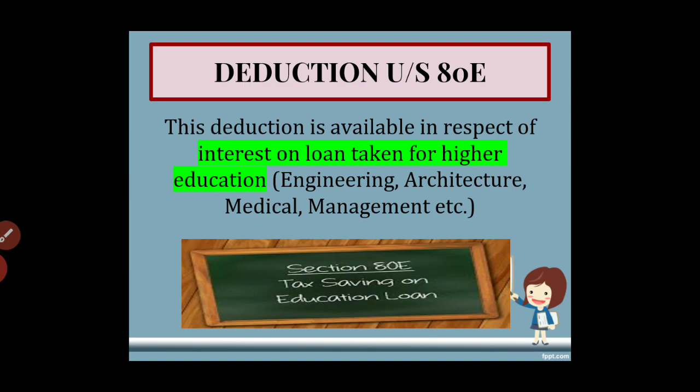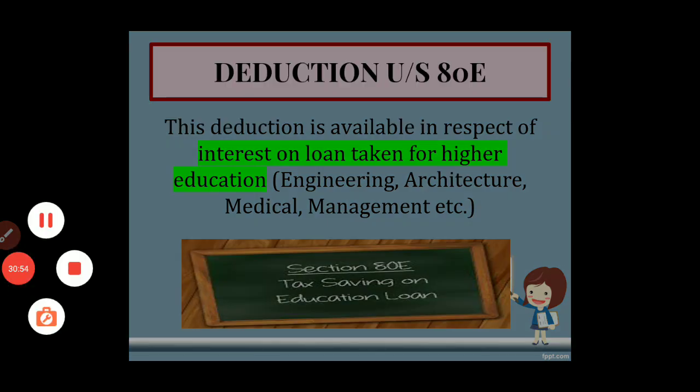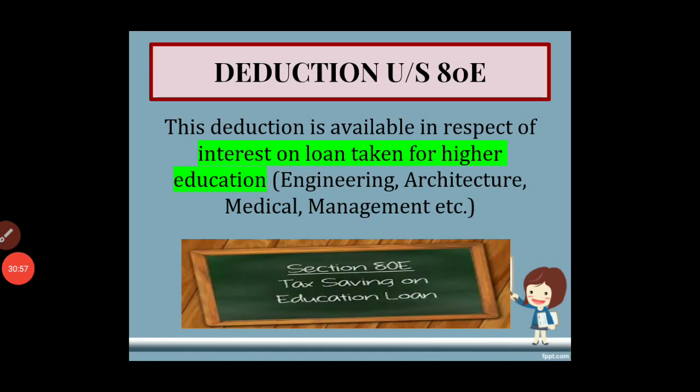Now next deduction is deduction under section 80E. First, what is this deduction for? This deduction is available in respect of interest on loan taken for higher education. What is higher education? Higher education means after 12th. Whatever education or study is undertaken by the assessee, he or she can avail the deduction under section 80E.